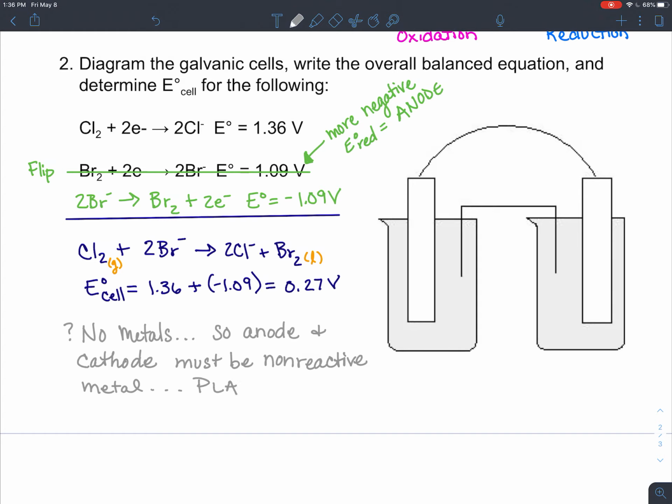Usually the go-to on this is going to be platinum. Okay, Pt. So that means let's put our platinum as our anode and cathode.